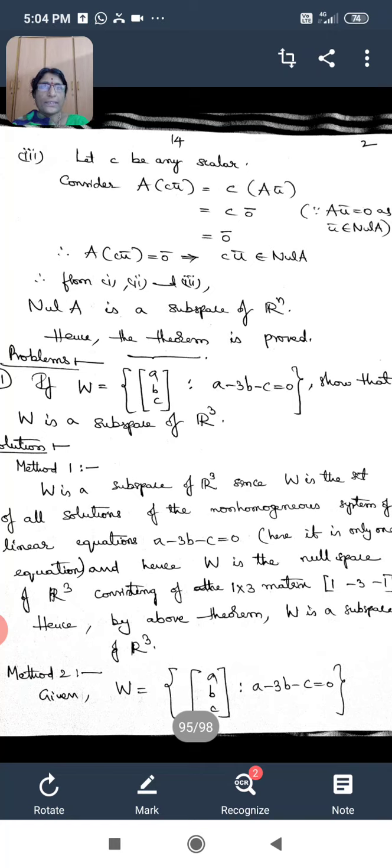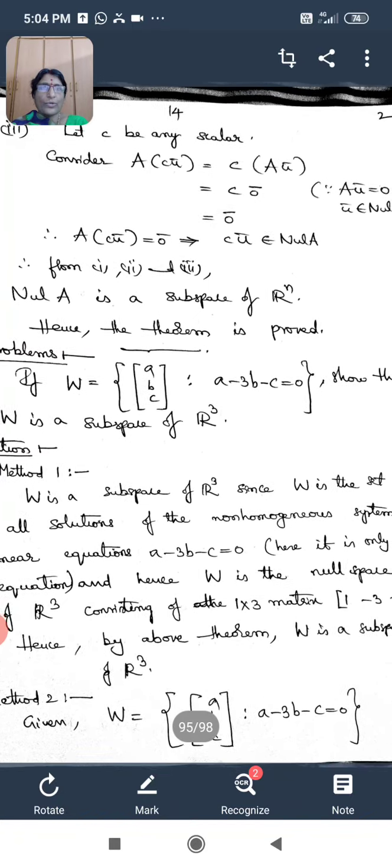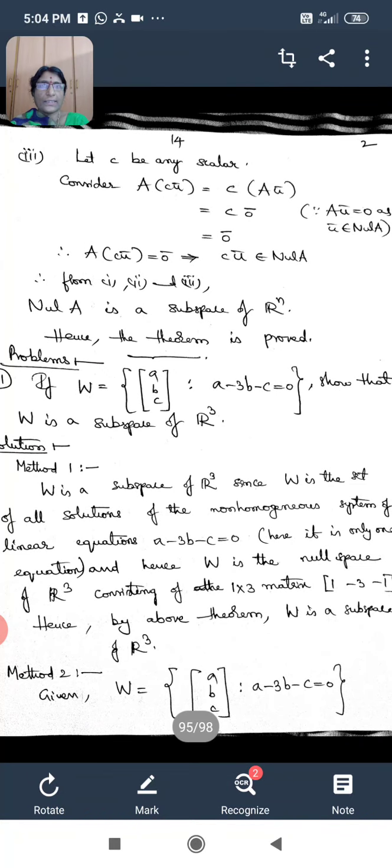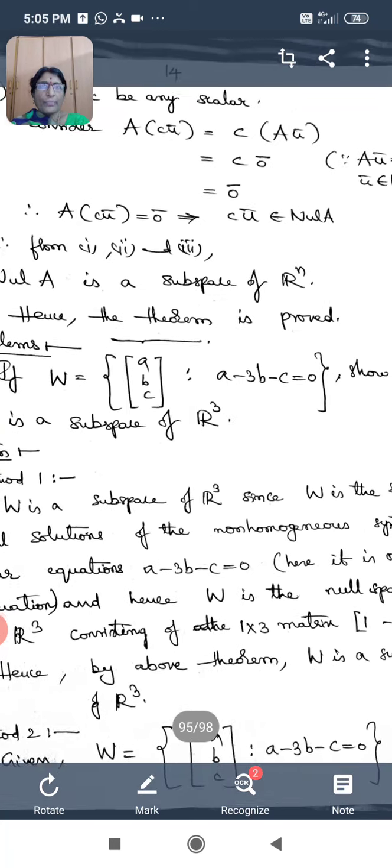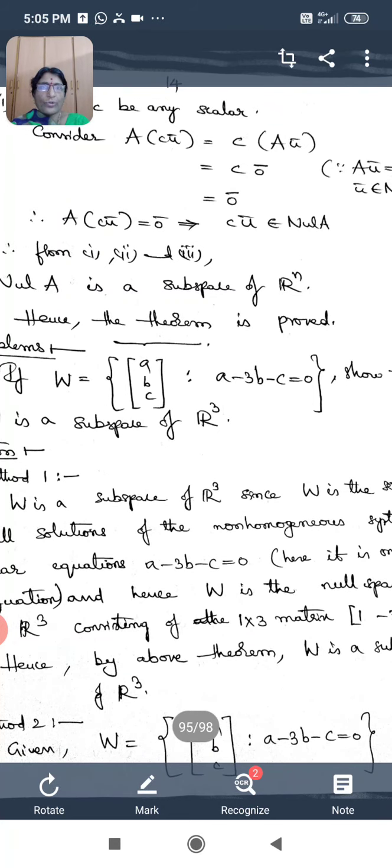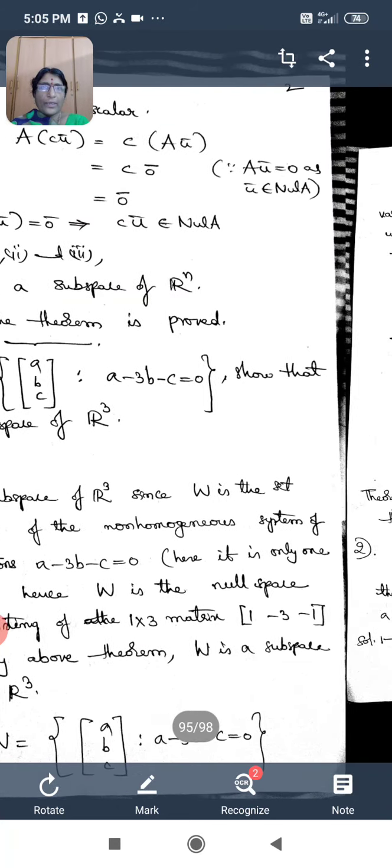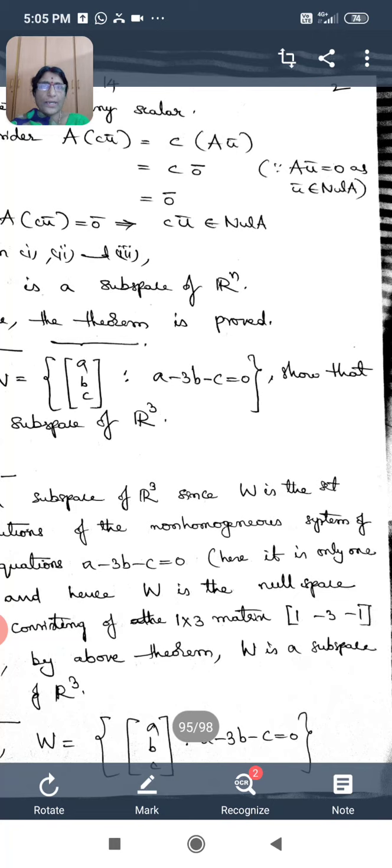Now I am considering A times c u bar, and this we can write as c times A u bar, for the reason that c is a scalar, and by the definition of matrix multiplication by a scalar, we can write A into c u bar as c times A u bar.